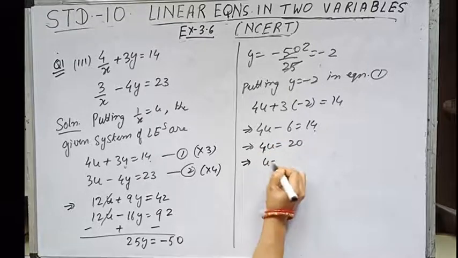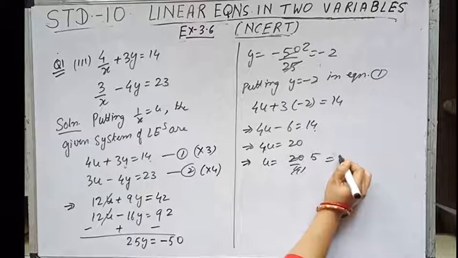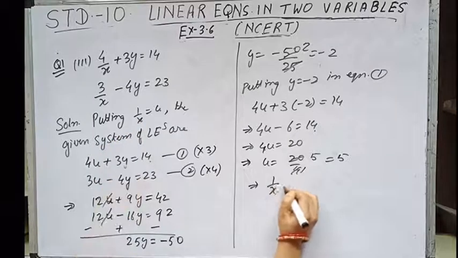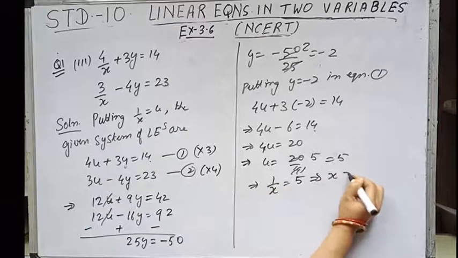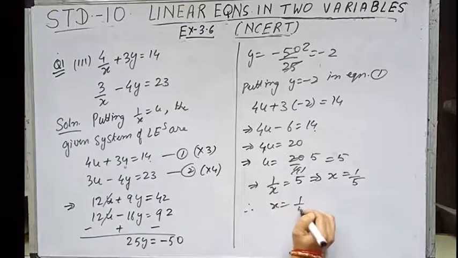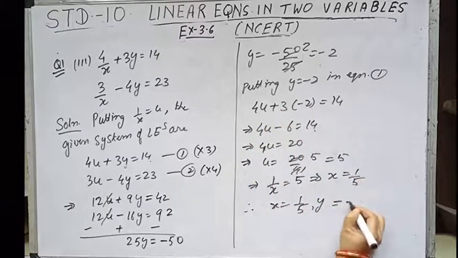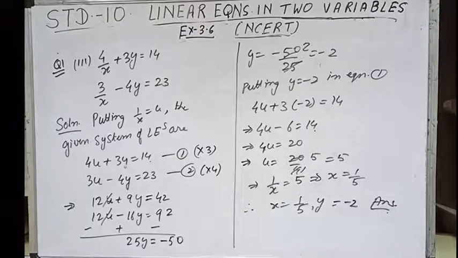This implies u equals 20 by 4 equals 5. This implies u was how much, children? 1 by x. 1 by x equals 5. This implies x equals 1 by 5. Therefore, x equals 1 by 5 and y equals minus 2 is the answer.